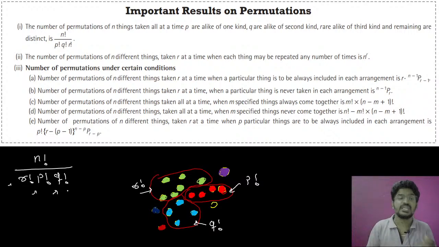So that is n factorial divided by r factorial into p factorial into q factorial. This is the way of counting permutations, in which you have total n objects, in that p are of one kind, q are of the second kind, r of the third kind, which are repeating. So the answer is n factorial divided by r factorial into p factorial into q factorial. Are you getting my point?